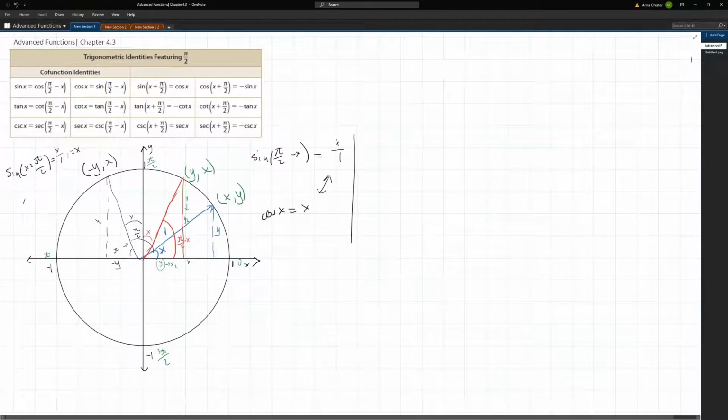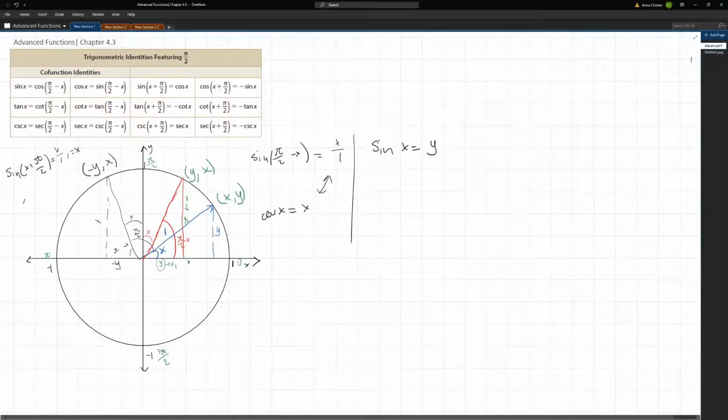Next, we have our cosine. So cosine is said to be equal to negative sine of x. Sine of x, I wrote it before, but I'll rewrite it. Sine of x is actually equal to our y value.